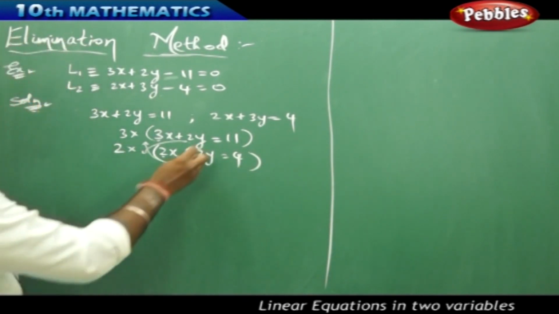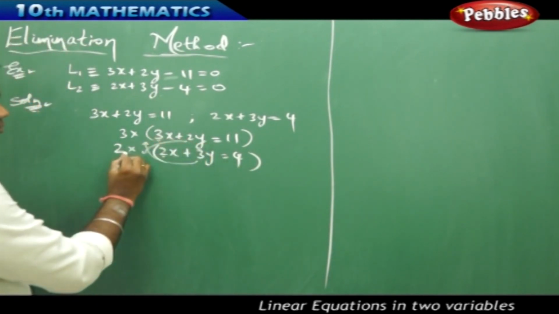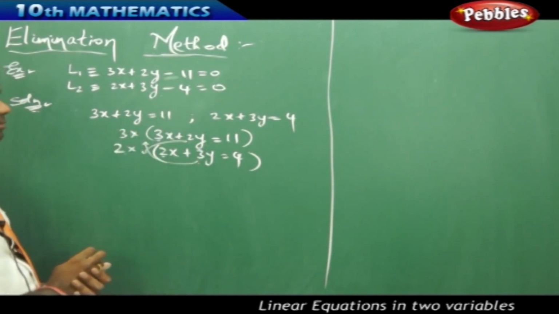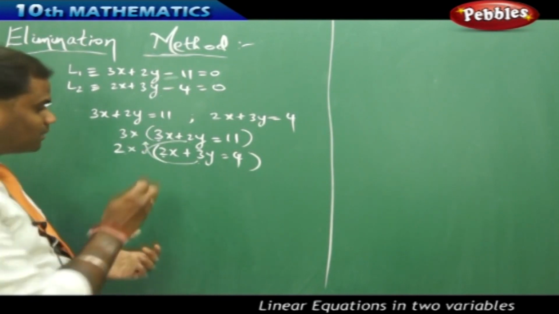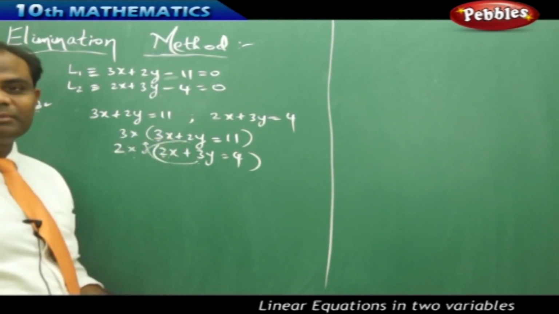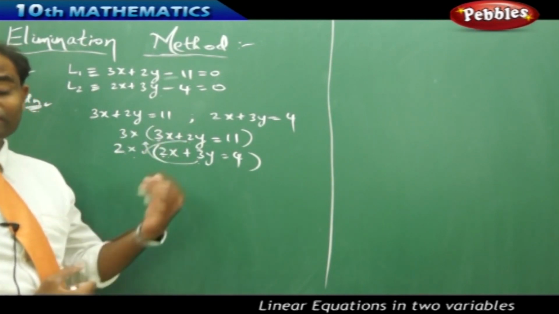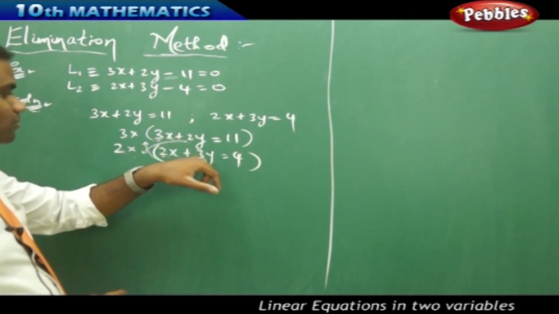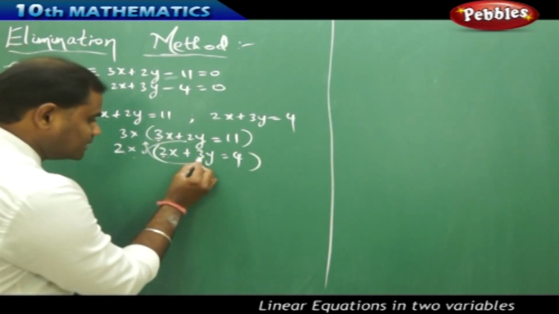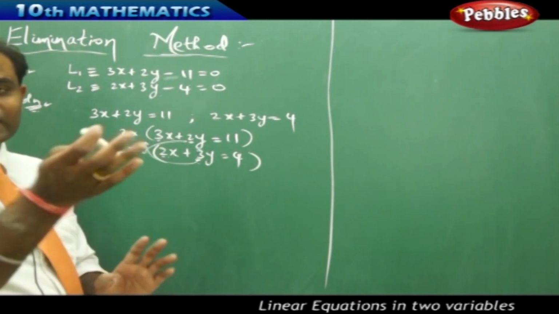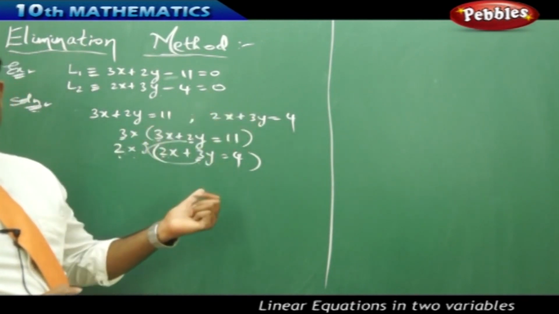Now my target here is y, therefore I have multiplied 2 to the second equation and 3 to the first equation. Similarly, when I want to make x equal, I multiply 3 to the second equation and 2 to the first equation, and then make the coefficients of x equal. Now because my target here is to make the coefficients of y equal, I multiplied this 3 here and this 2 out here simultaneously, alternately, for one over the other.